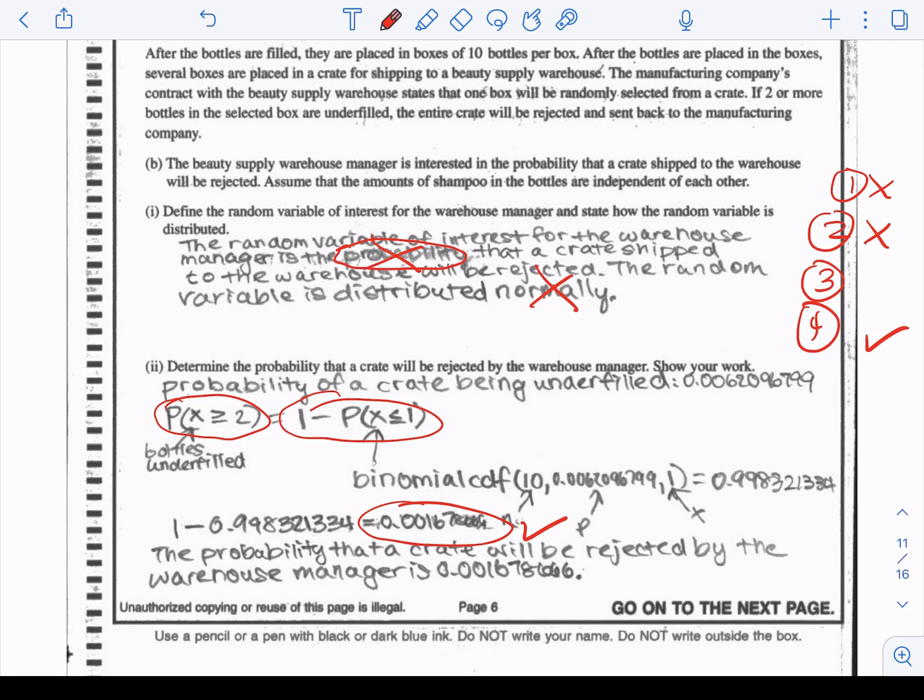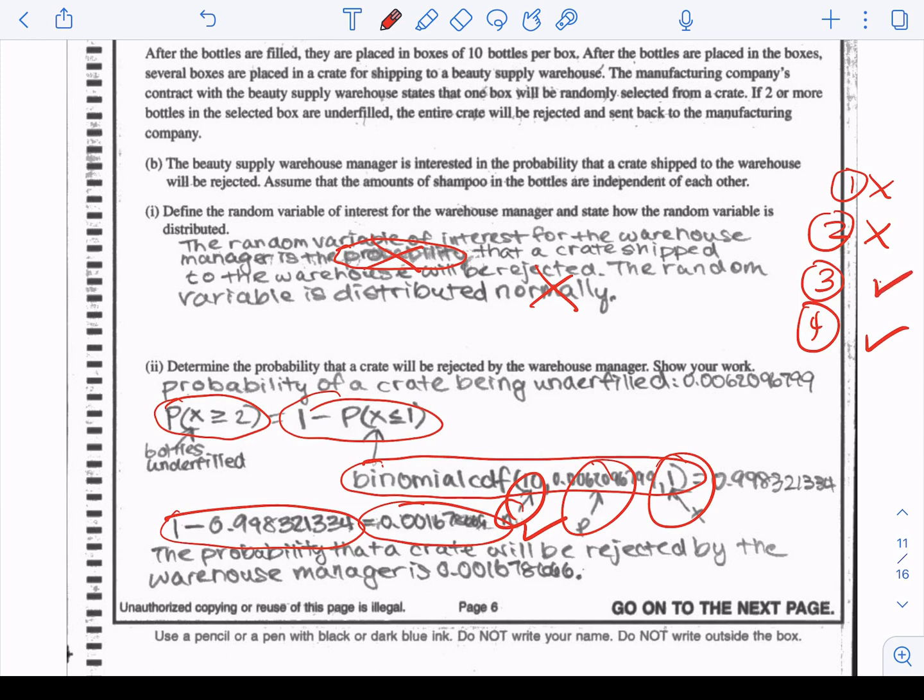And then notice that there's even a calculator version, because again, if you're a calculus or a stats teacher, you know what binomial CDF means, and they've got N and P and X labeled. And so that's actually the correct calculation for 0 and 1, and then they took 1 minus that. And so all that's 3 ways. They've got it there 3 different ways. So they don't get extra credit for that, but they do get credit. And so 2 out of 4 on this, according to the rubrics, is still a P.